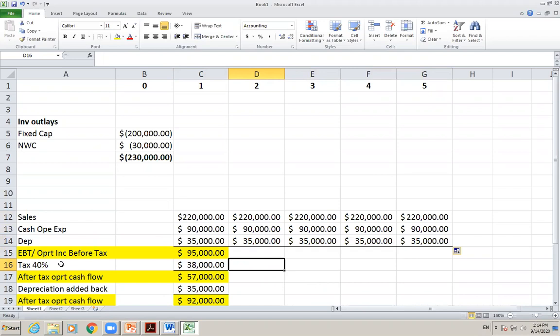To find EBT, earnings before tax, we subtract from sales the cash operating expense, or in other words, the cost of goods sold. And then we subtract 35,000, which is the depreciation cost, to get the EBT.